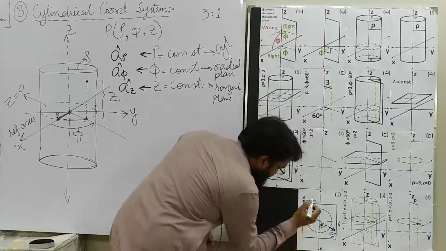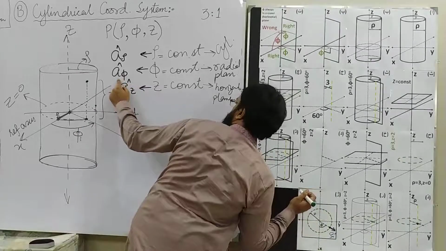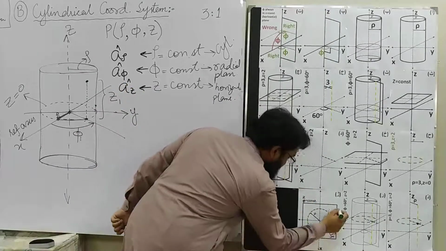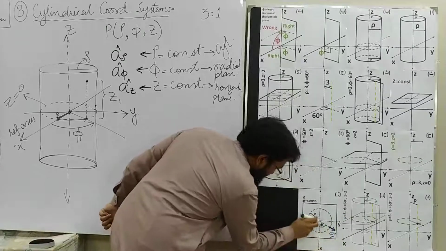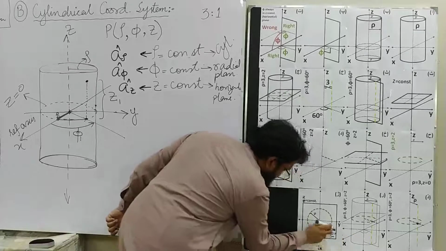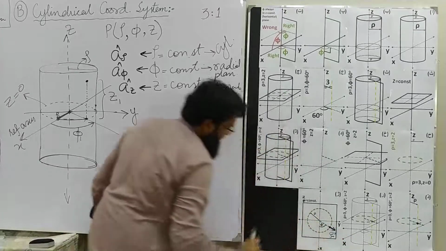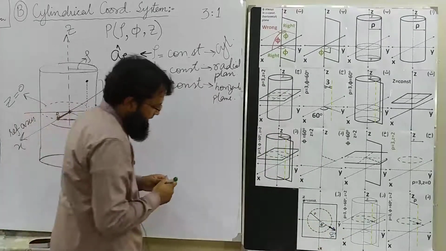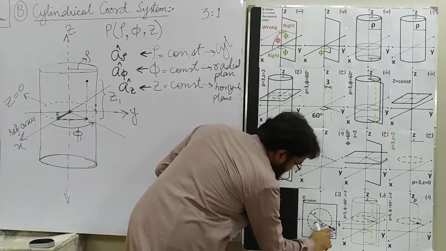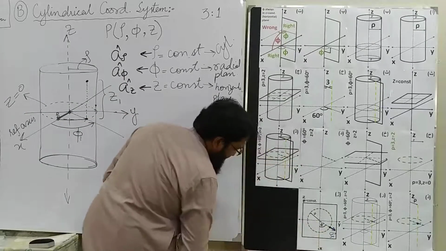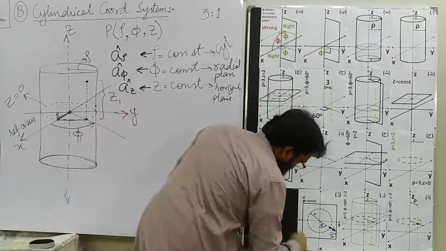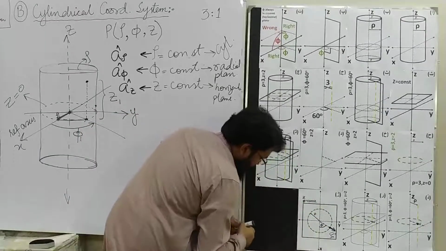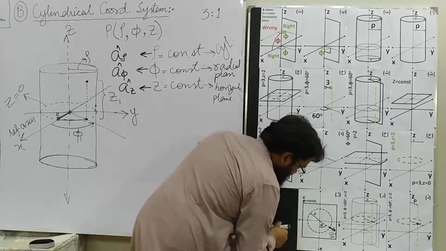So if I want to draw this a phi, that should be perpendicular to this line in this direction or this direction. Remember that this blue line is the phi equals constant line. Okay, in fact I should have used green color for this. I should have used green for this.